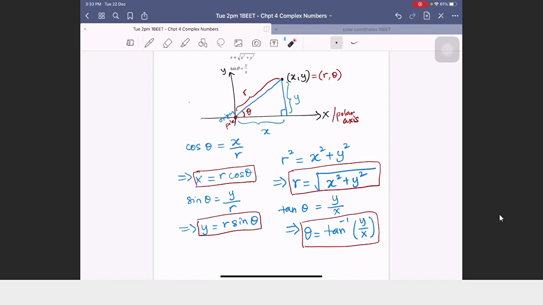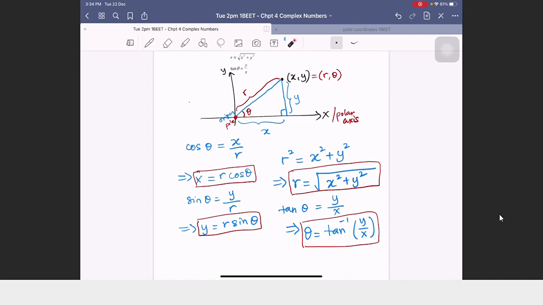The rest of the topics in this chapter are all about complex numbers in polar coordinates. You'll be dealing a lot with complex numbers in polar coordinates, and there will be a section where you have to interchange from polar to rectangular and rectangular to polar when it comes to complex numbers.